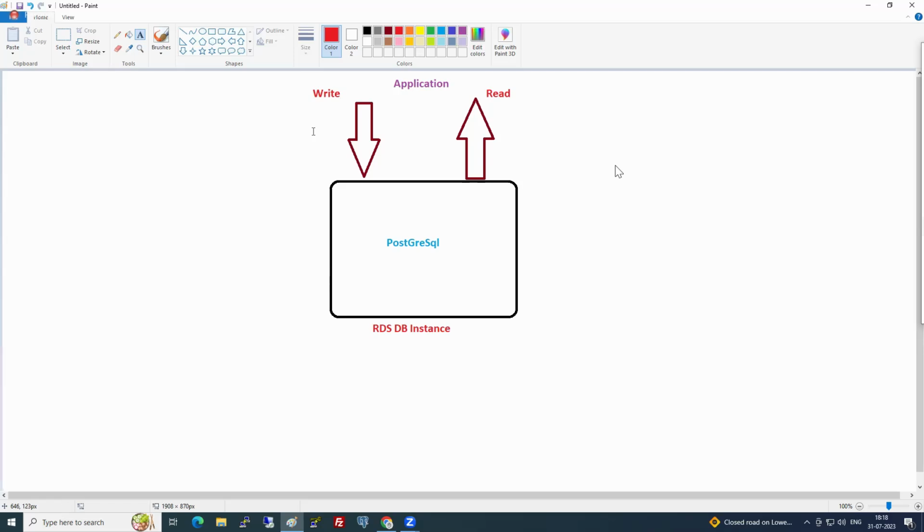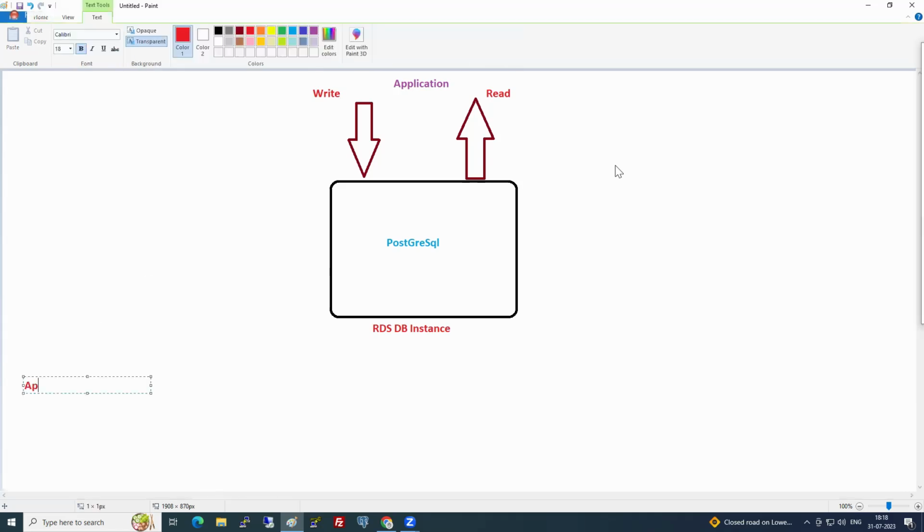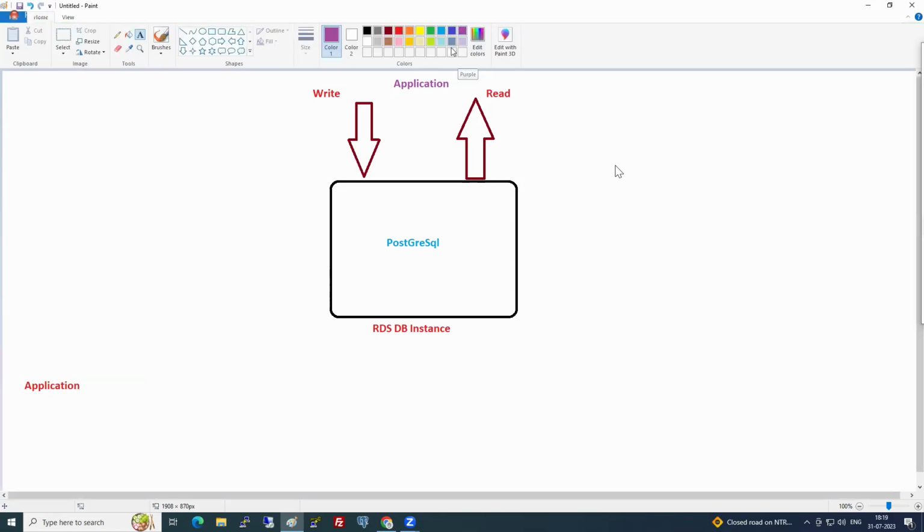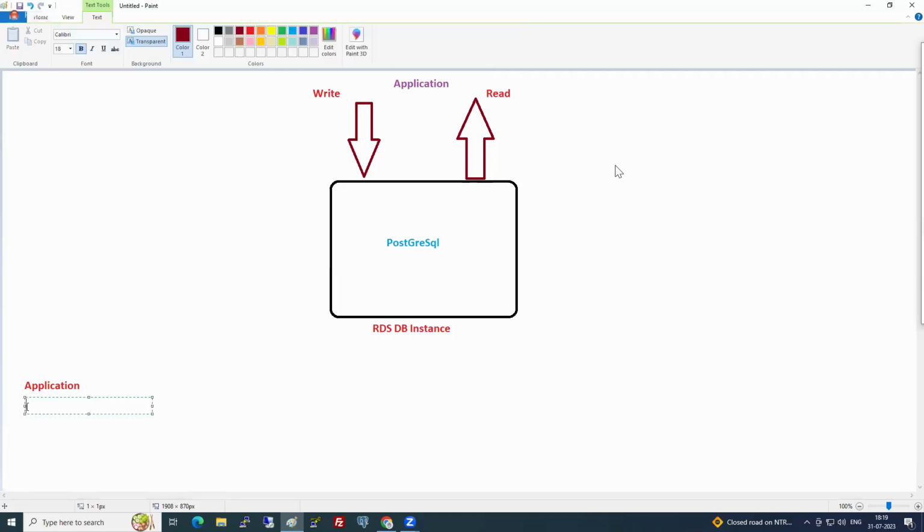So generally, guys, if you want to connect to your RDS DB instance, not only RDS, if you want to connect to any database, what are the things required to connect? Developers and everyone, you have an application with you. What are the things that you need in order to connect to your database? A URL. What does that URL contain? Yes, connection string, username and password.